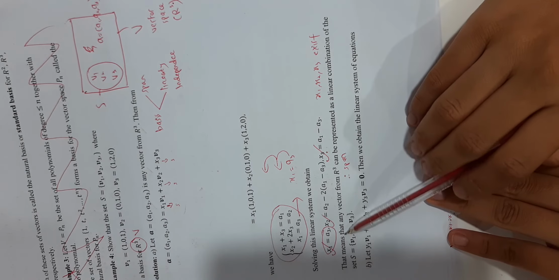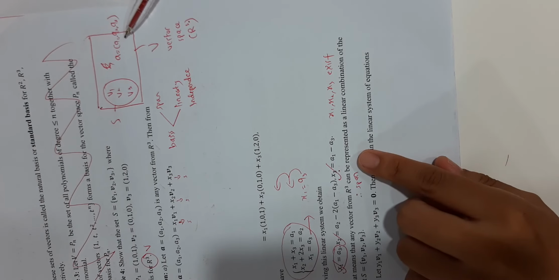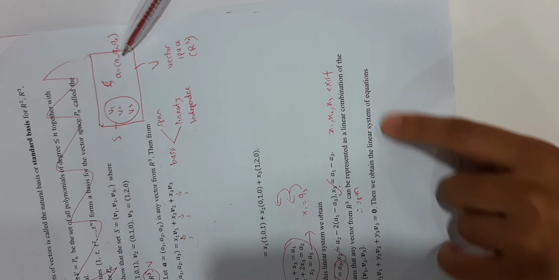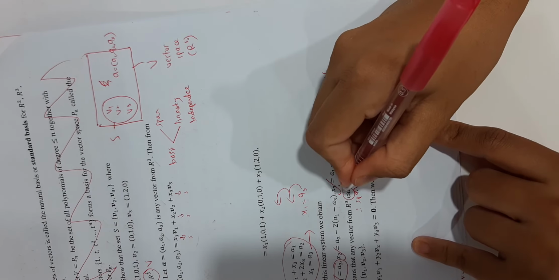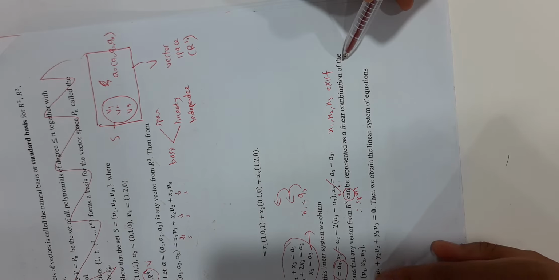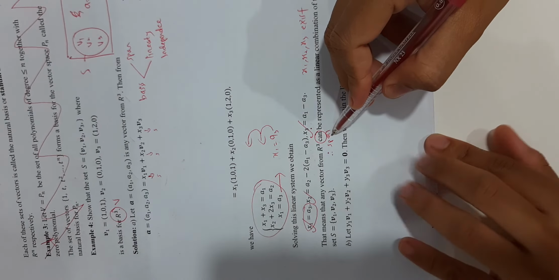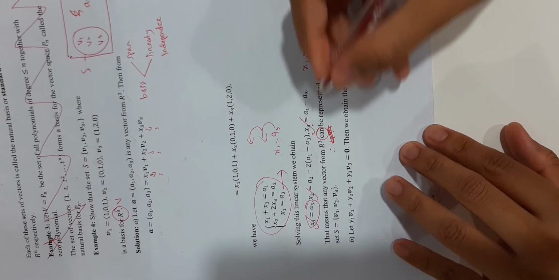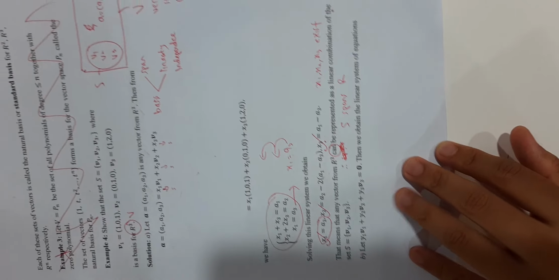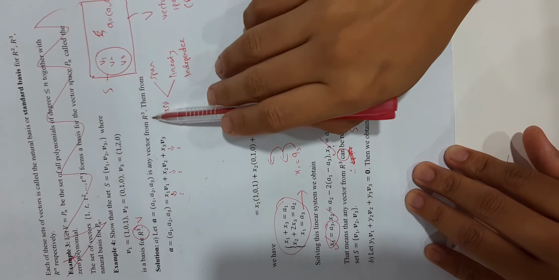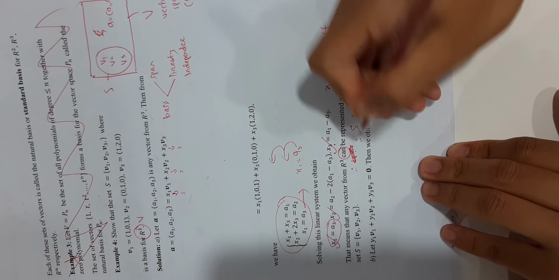So you can say that any vector in R3, which is this (a1, a2, a3), can be represented as a linear combination of the set S. If it can be represented by a linear combination of this set S, it means that it spans. Okay, so let me write down a proper conclusion here. S spans R3. Okay, so the first conclusion is done.